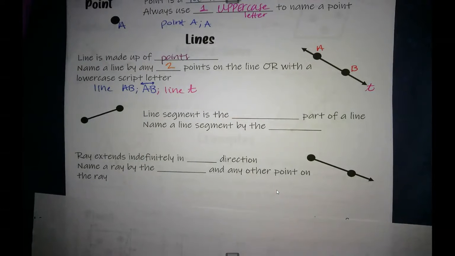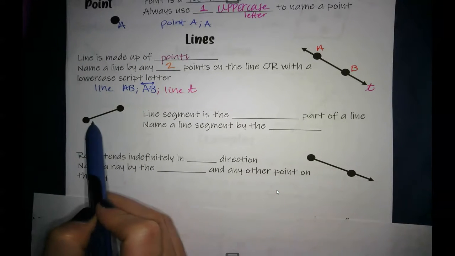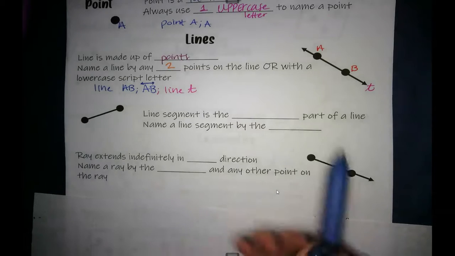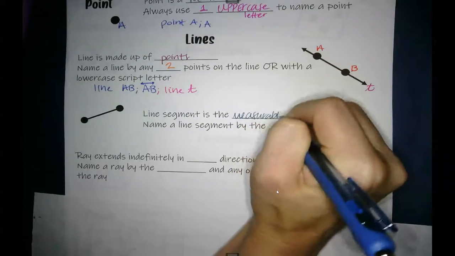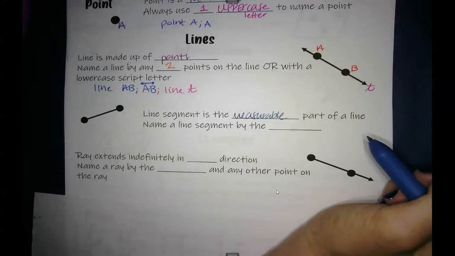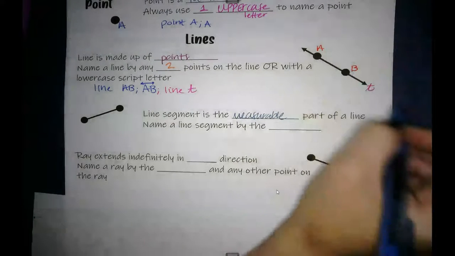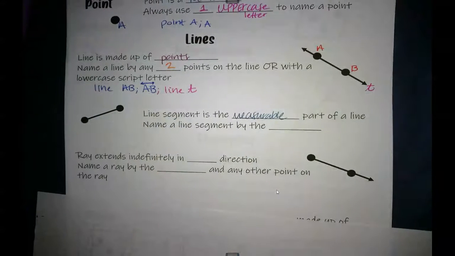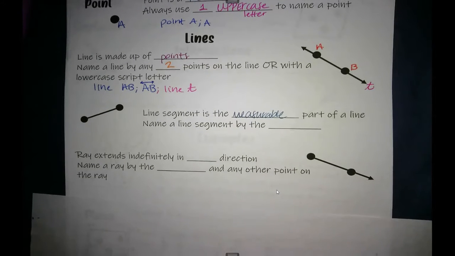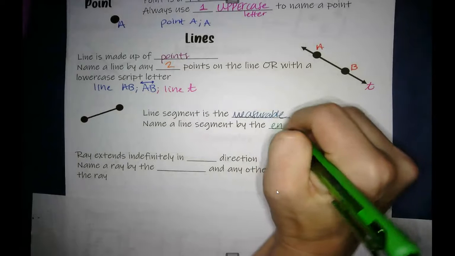All right, we have our line segments, and these are what we call the measurable parts of a line. So our lines go on and on and on forever, but generally we like to talk about our line segments because those are the pieces that we can pull out of that line and measure. So we want to name our line segments by the endpoints.